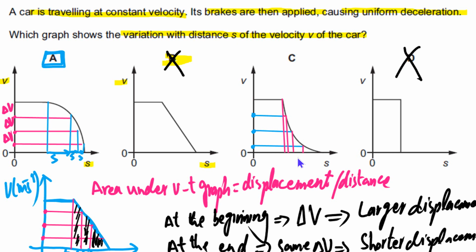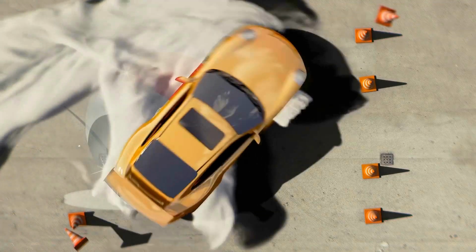This is telling us that at the beginning delta S is small, but at the end delta S is greater, meaning the distance is larger. This is just the opposite. So this is not a possible answer. Our answer is A.